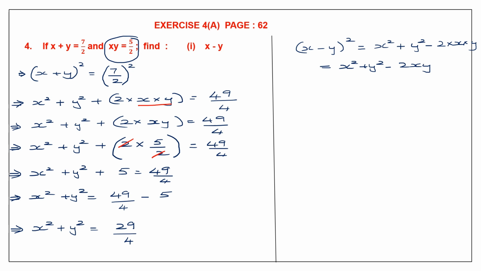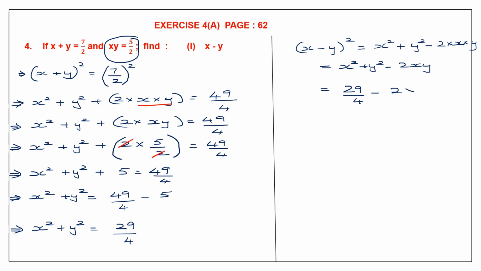And x square plus y square we just found out here to be 29 by 4. So we can write that here. Instead of x square plus y square, we can substitute it and write 29 by 4. So that is 29 by 4 minus 2 into xy, and xy is already given in the question as 5 by 2.